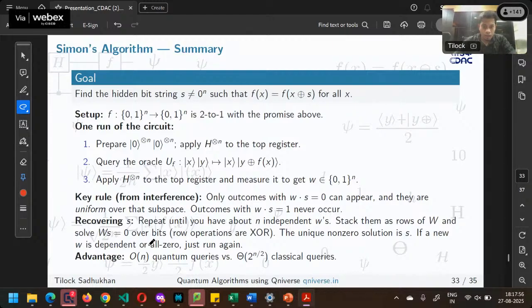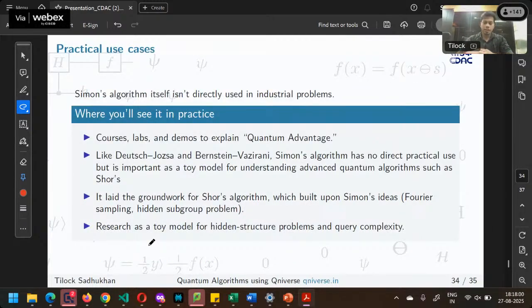Just some practical use cases, if we try to incorporate. Simon's algorithm itself does not directly have any practical or industrial application, but like other basic algorithms such as Deutsch-Jozsa and Bernstein-Vazirani, it is a kind of toy model for understanding advanced quantum algorithms such as Shor's algorithm or Grover's algorithm.